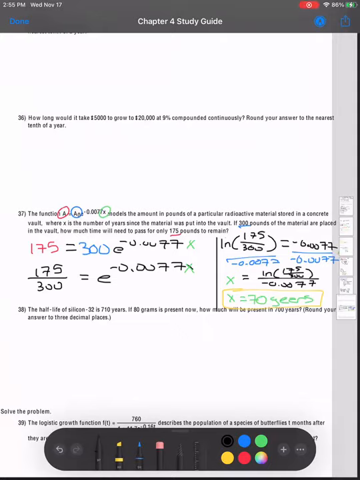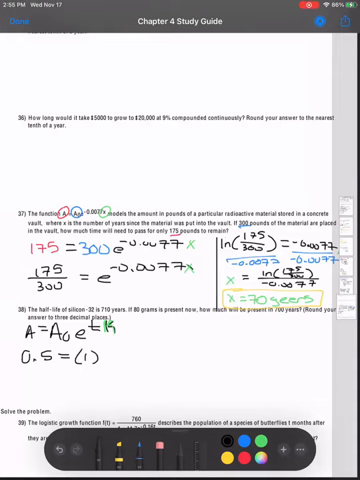So the half-life equation is going to be A equals A naught e to the power of tk. So A is going to be the end amount, and A naught is the original amount. Because we're trying to solve for k and find the half-life amount, we are going to make A 0.5, and then A naught is going to be 1.